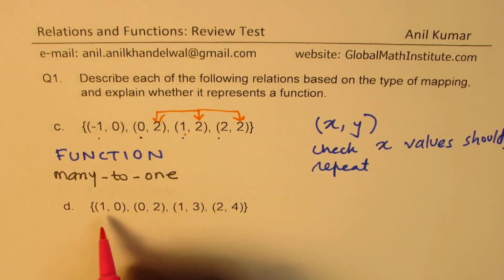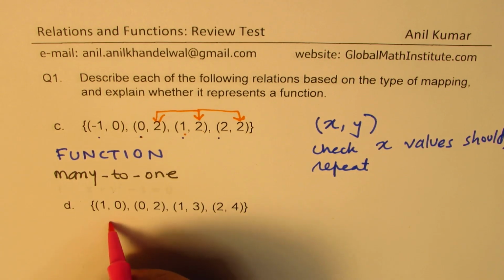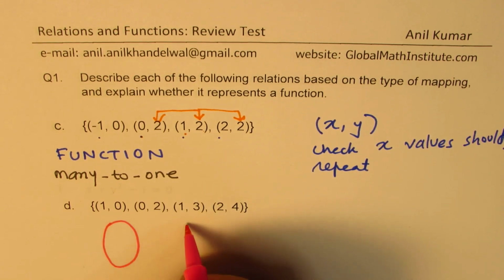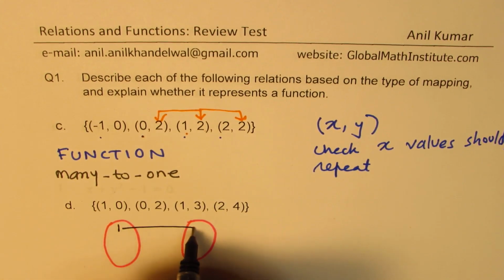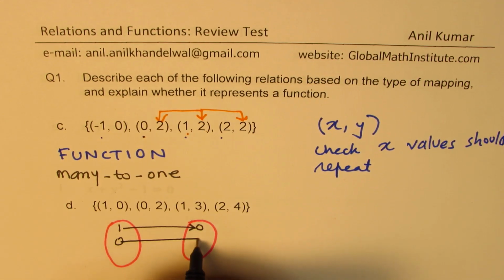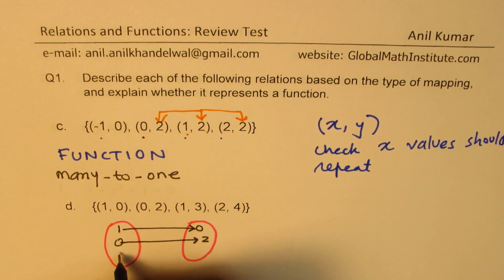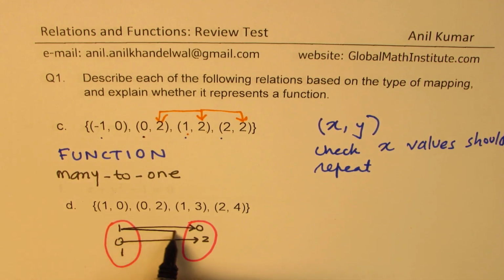Now in the second example, we have (1, 0), (0, 2), (1, 3), (2, 4). So this time I'll prefer to draw a mapping diagram. It becomes simpler. So we are saying 1 is mapped to 0, that's the arrow. 0 is mapped to 2. 1 is repeated, so that means 1 is mapped to 0 as well as to 3.